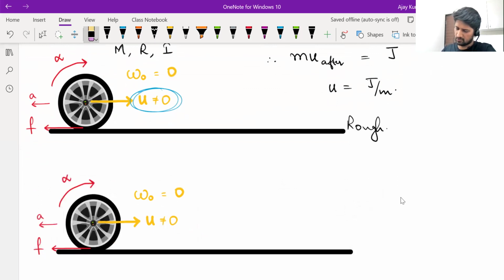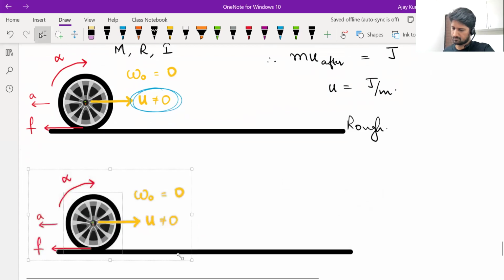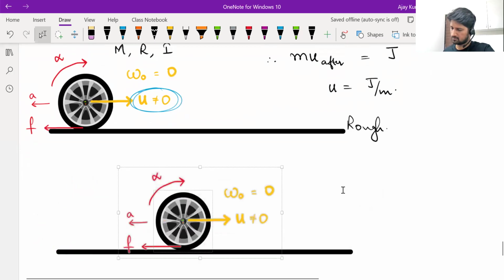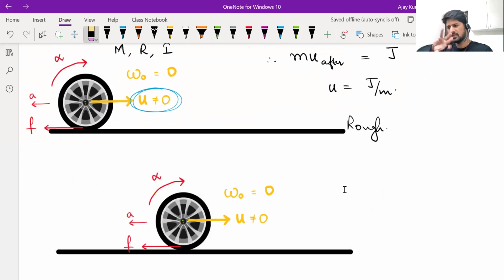Linear velocity will decrease. What will happen to its angular velocity? Right, it increases. Friction produces torque. It will make the wheel rotate clockwise. So omega will increase.